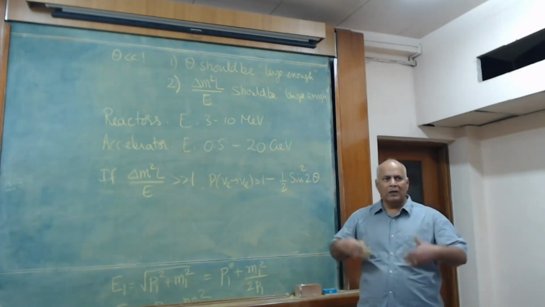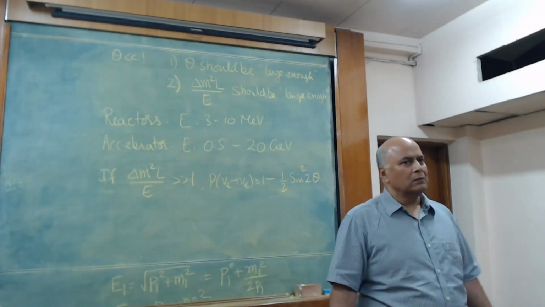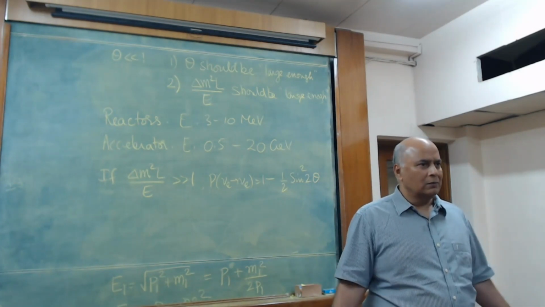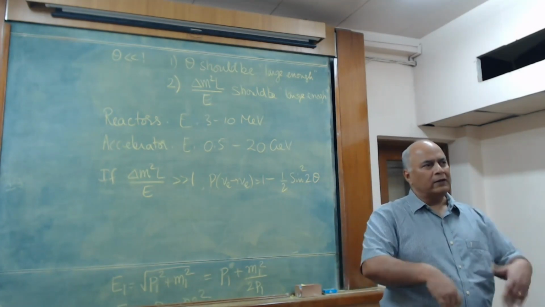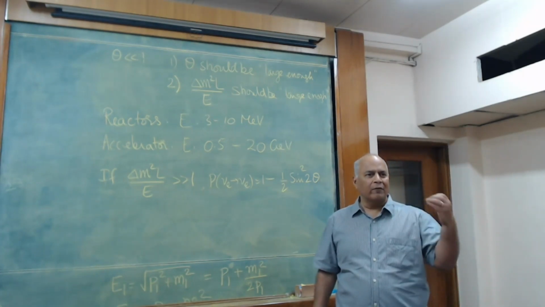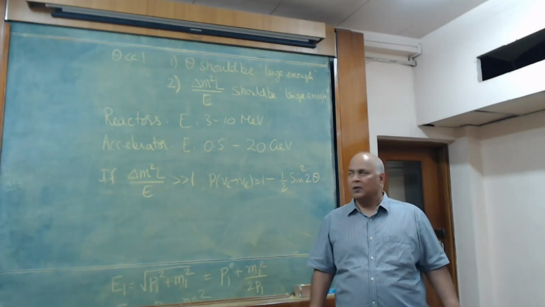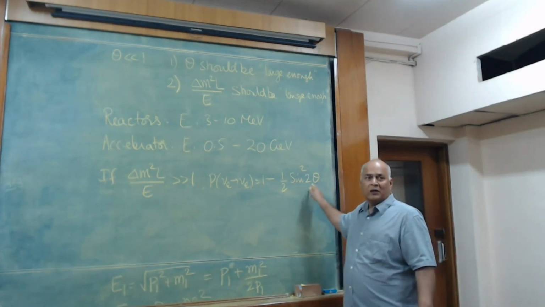So the energy dependence of my oscillation probability is lost, and if the energy dependence is lost, I lose the sensitivity of my data to delta m square. It is sensitive only to theta.